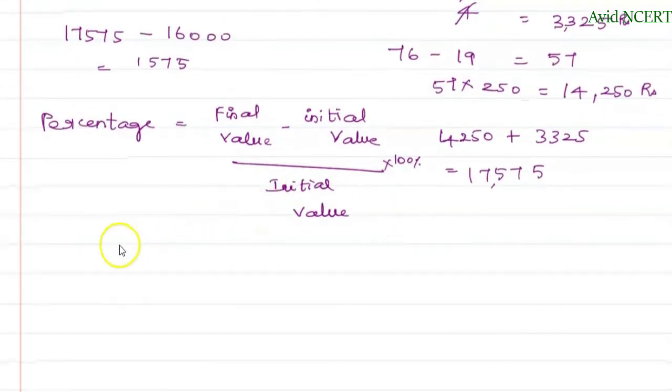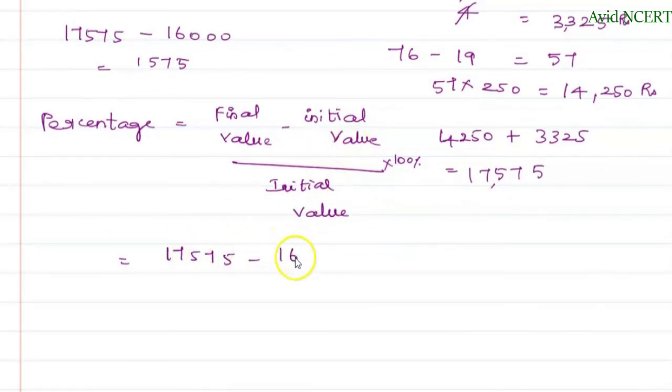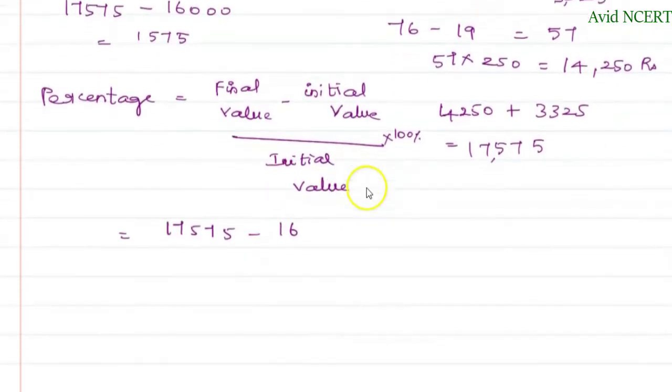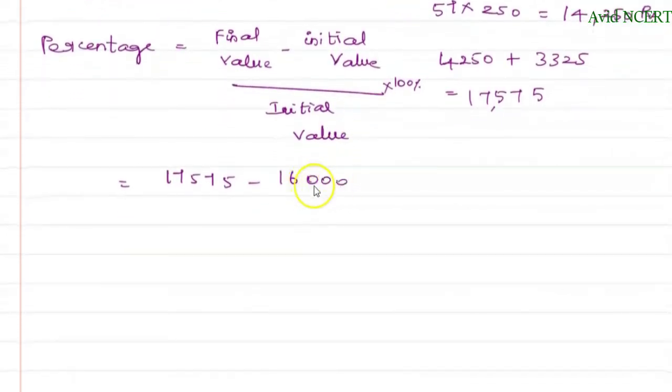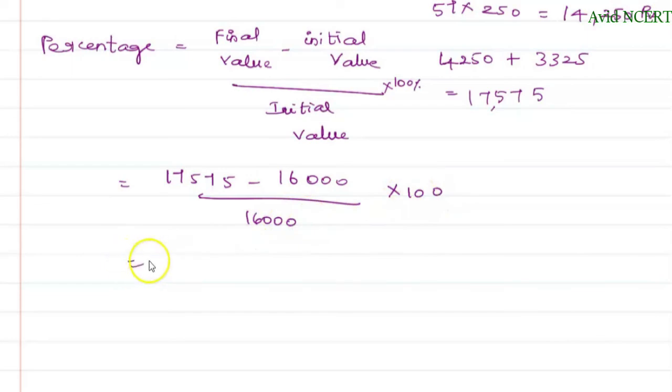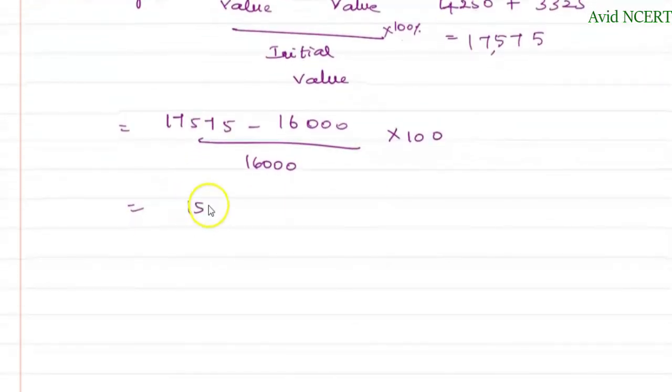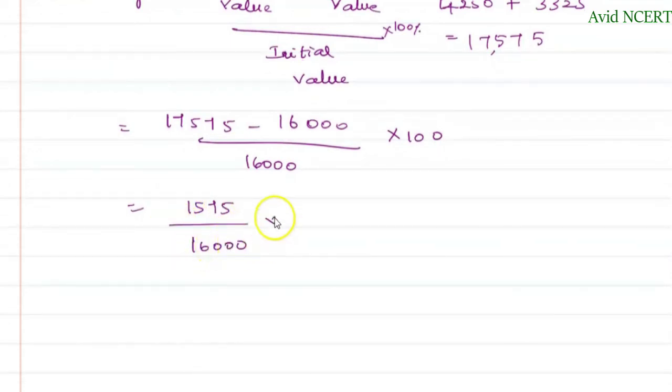So the final value we know here is 17,575 minus the initial value, 16,000, that is the amount spent for making these cakes, divided by the initial value, which is 16,000, times 100. So in this the difference we know already, which is 1,575 divided by 16,000 times 100.